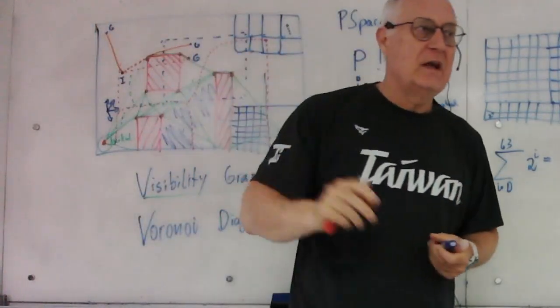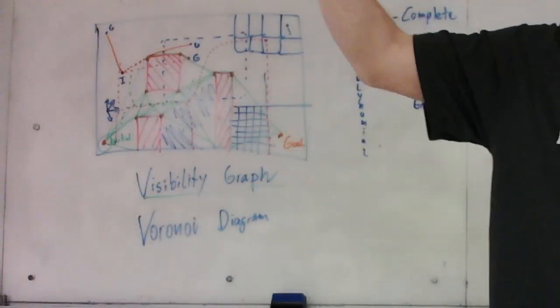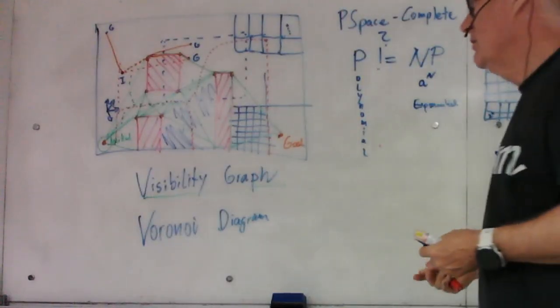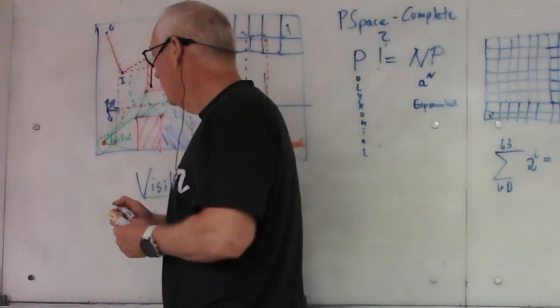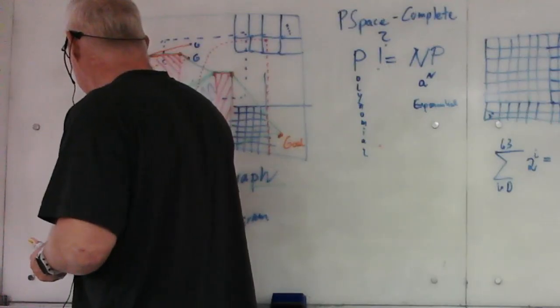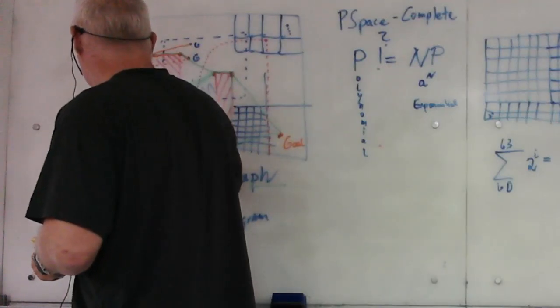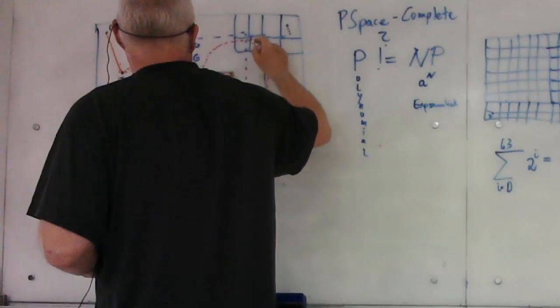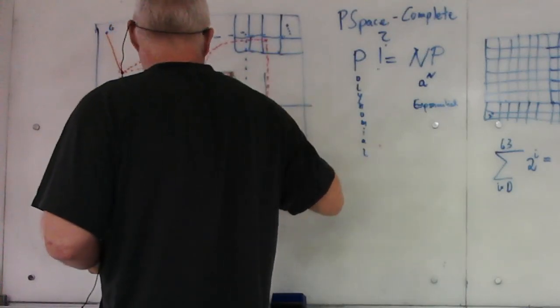So that's not a straight line anymore, but you can calculate it. That would be the Voronoi diagram, and then we would do the same thing, get onto the path here, and then follow the Voronoi diagram path to get to the goal.